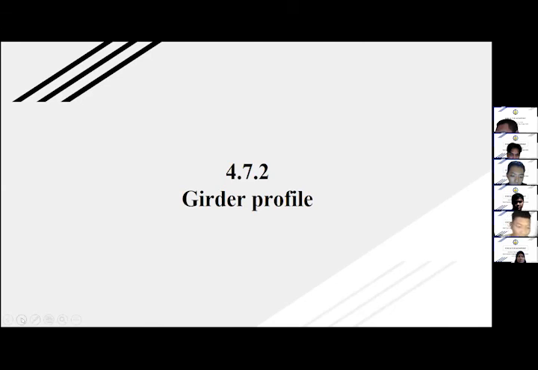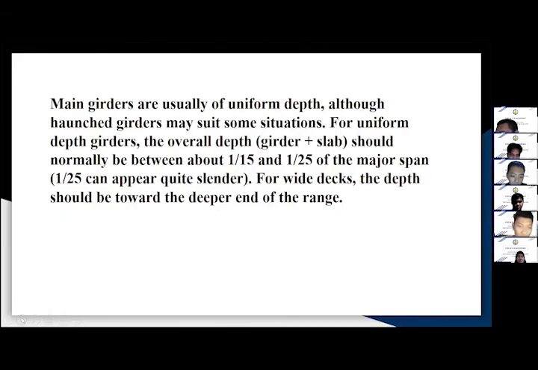4.7.2 Girder profile. Main girders are usually of uniform depth, although haunched girders may suit some situations. For uniform depth girders, the overall depth should normally be between about 1/15 and 1/25 of the major span.